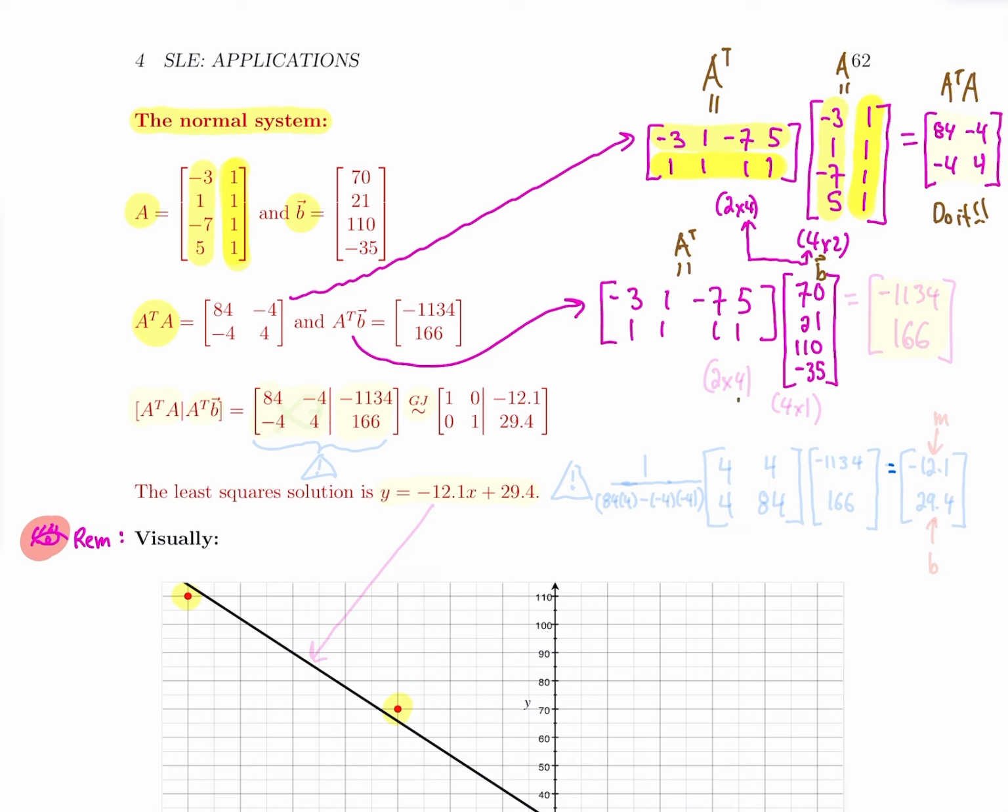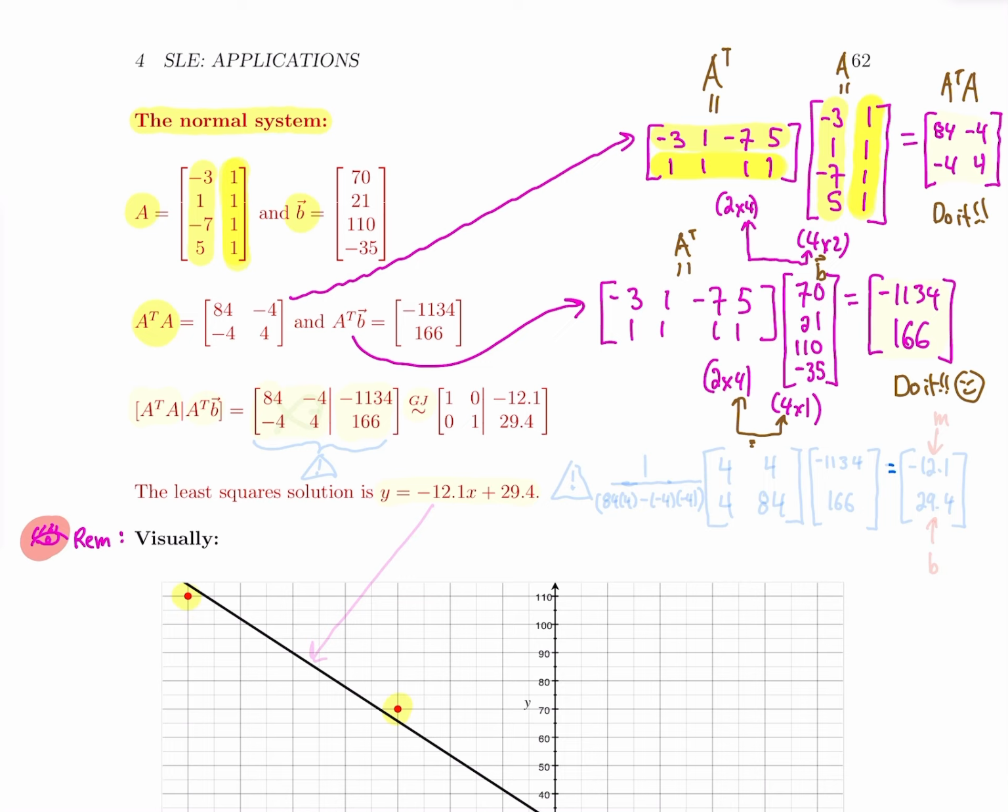And when you do your multiplication, double check. First, this is well defined. This is a 2 by 4, and you're multiplying a 4 by 1. The result is going to be a 2 by 1, and verify that this gives you minus 1,134 and 166. And those are your new coefficient matrix in augmented parts.